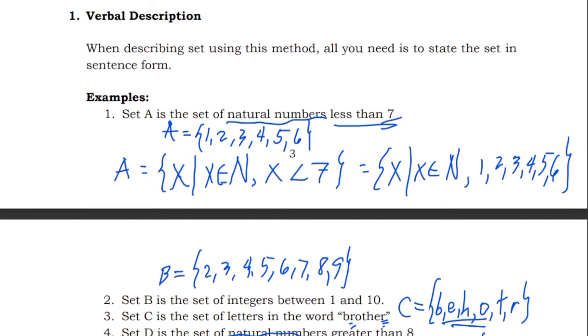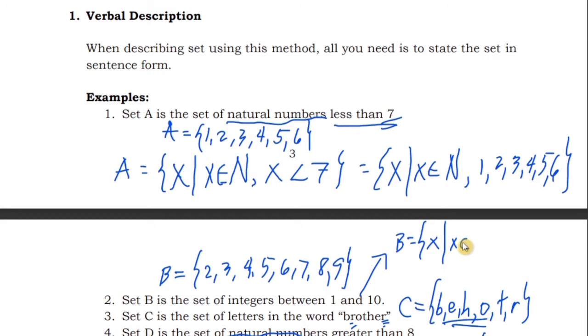Okay, for letter B, set B, another way, this one here, I will put it here. Set B is the set of all x such that x belongs to the set of integers, wherein the x that we have is between, and the symbol for between is x greater than 0 but less than 10.